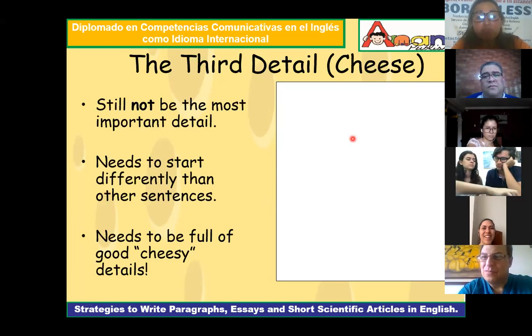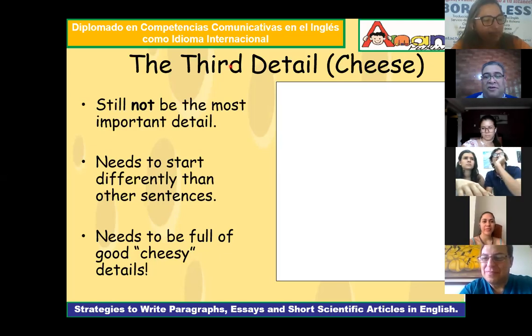Cheesy has many interpretations, from the most innocent to the most perverted. So be careful with that. It's the same in Spanish.